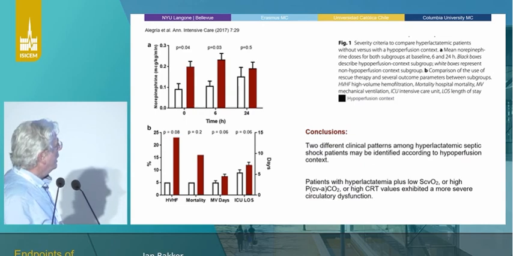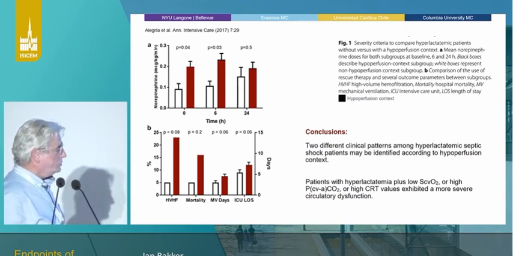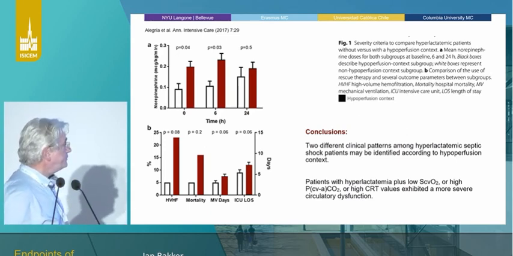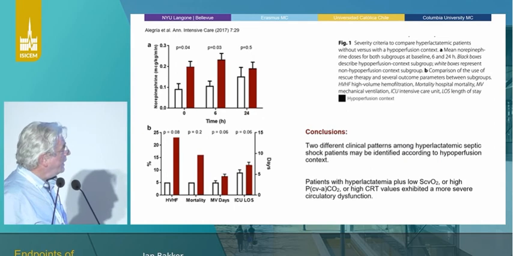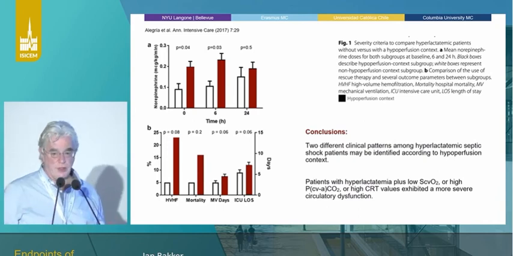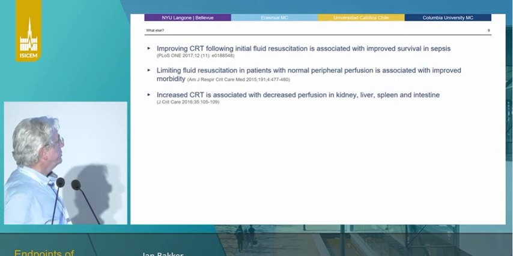A higher mortality but no p-value, and a trend to somewhat more morbidity parameters. So patients with hyperlactatemia plus a low SCVO2 or a high delta PCO2 or an abnormal capillary refill time have more severe circulatory dysfunction.